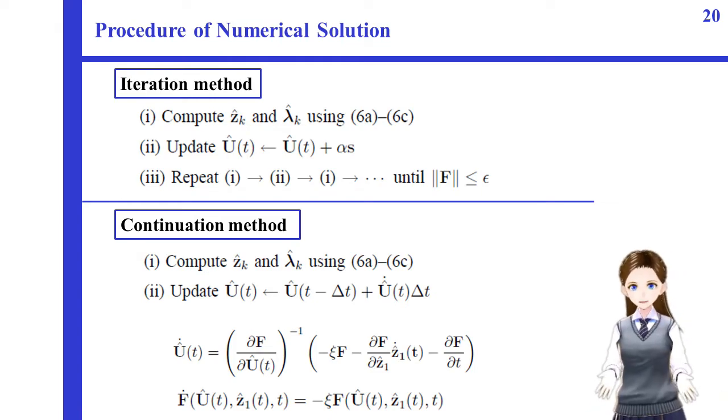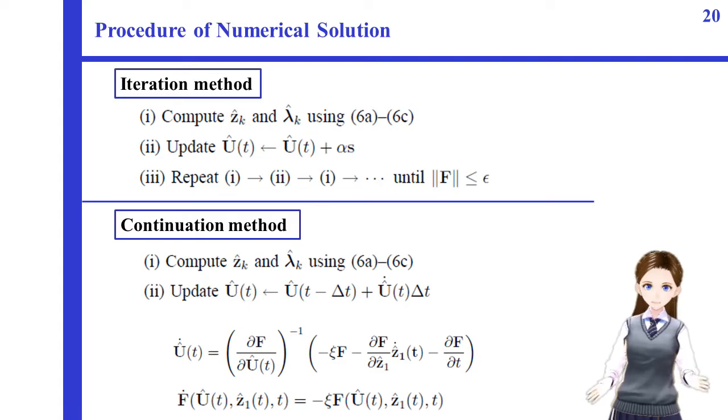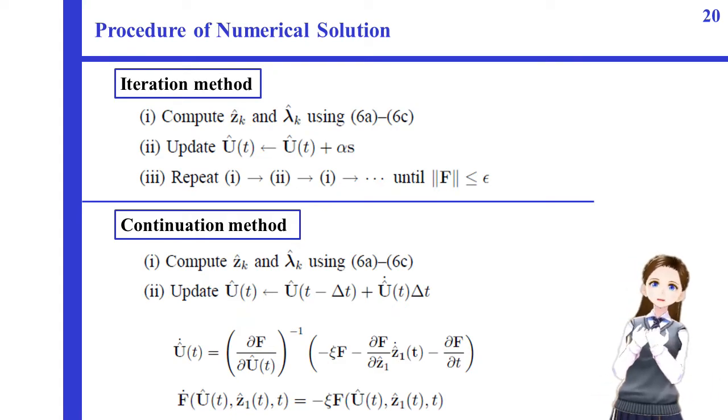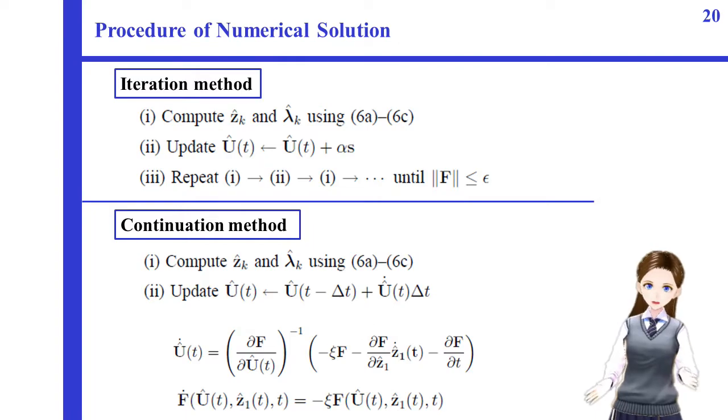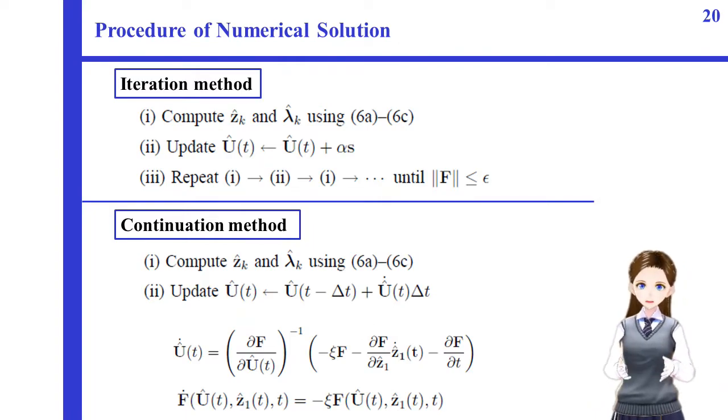Therefore, F equals 0 is stabilized as the prediction horizon is moving. In other words, the optimal solution curve U hat is traced by integrating this differential equation without using iterative calculation. It is quite clear that the continuation method is much faster than iterative method because this method doesn't require the iterative calculation of this. So, we adopt the continuation method in this work.